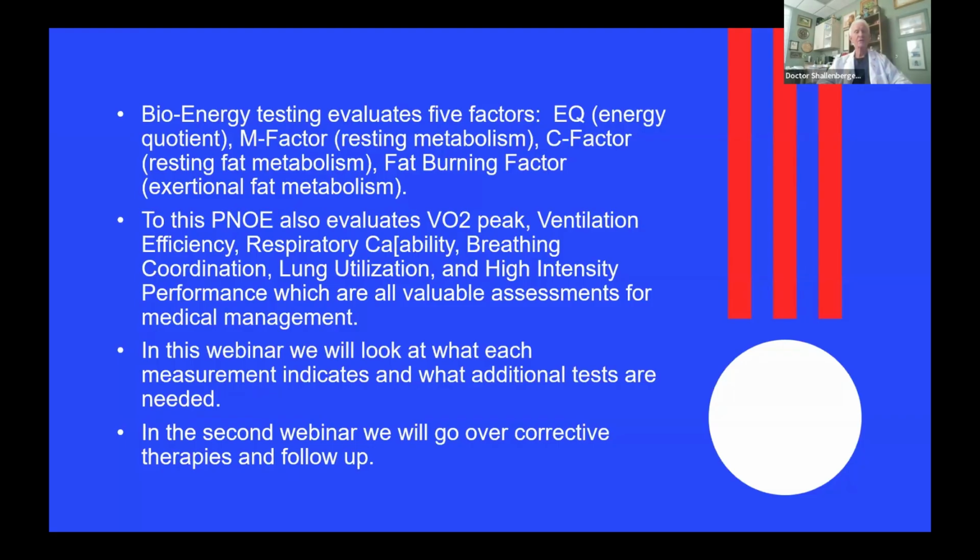The other thing that we get from the resting data is your resting metabolism. Now, why is this important? I'm going to take a few minutes here to talk to my medical colleagues about this. Resting metabolism is determined by how much oxygen I consume when I'm at rest, my rate of oxygen consumption at rest.